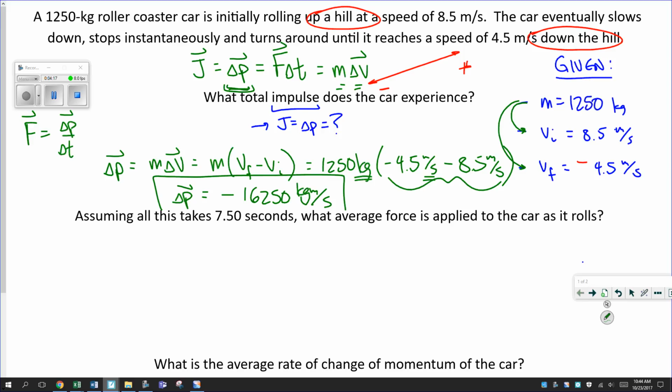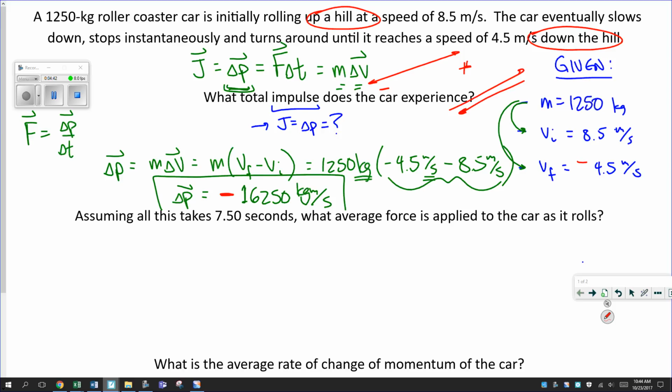Well, how much does it change the momentum? The momentum changes by 16,250 kilogram meters per second. The negative change means there was momentum up the hill, we ended up with momentum down the hill, so the overall change was in the down the hill direction.